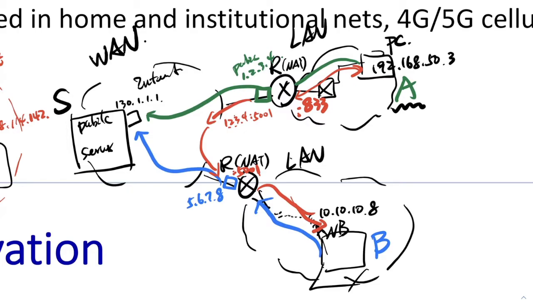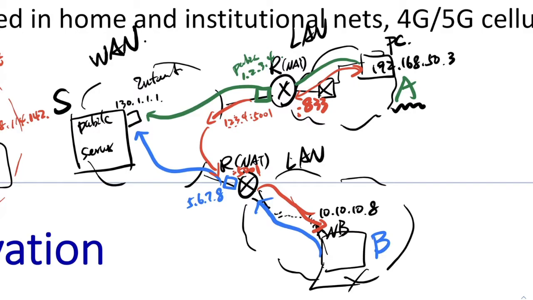So in this case, a lot of game servers or game mechanisms have to set up a server in the public domain, on the public internet. A needs to talk to S using the green communication. It is okay because A can talk to S that way.